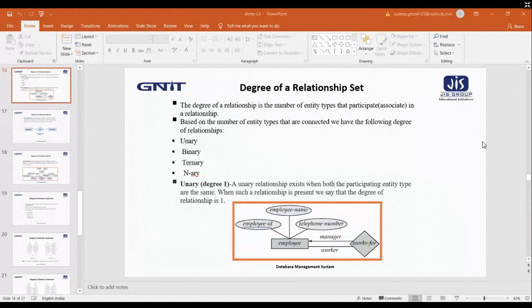So tell me, up to this is there any problem, or have all of you understood up to recursive relationship and unary relationship? It is very much important.